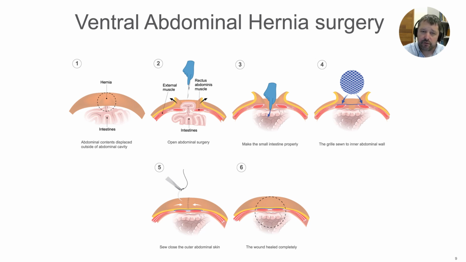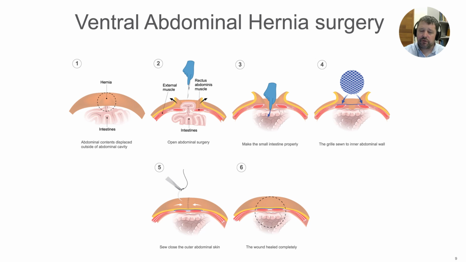Okay, so probably what would occur is you cut the epidermis and then you push the intestine back in, okay, and then put a mesh that is sewn between the two muscles to provide some strength so it doesn't just pop back out. Okay, and so you put a mesh in there and then suture the epidermis back, and then over time that wound would heal completely.